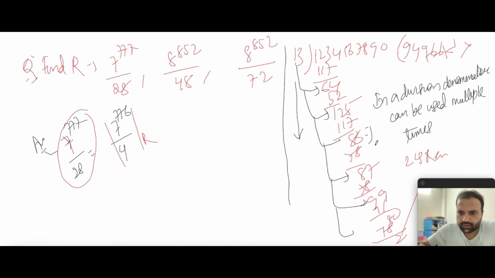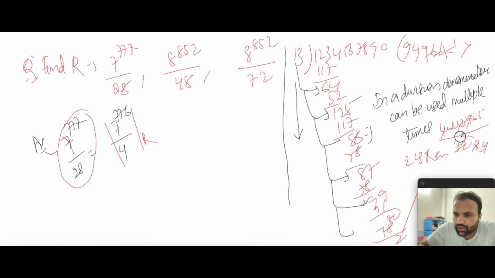Let's take another example. Let's say 4 into 8 into 2 into 9 into 5 by, let's say, 72. See over here, we are taking 9, taking 8, taking 2, taking 4.